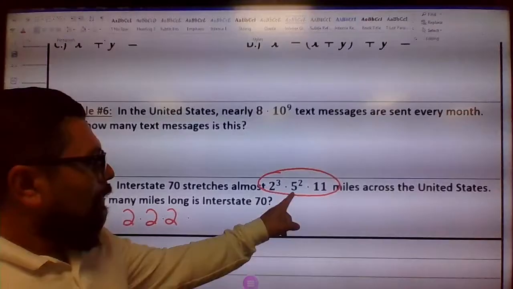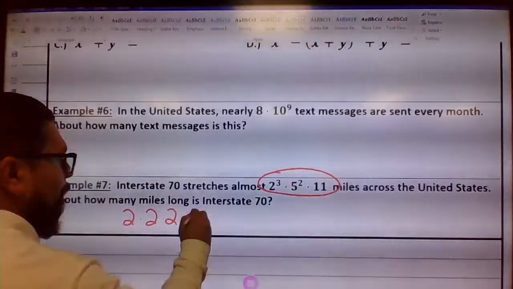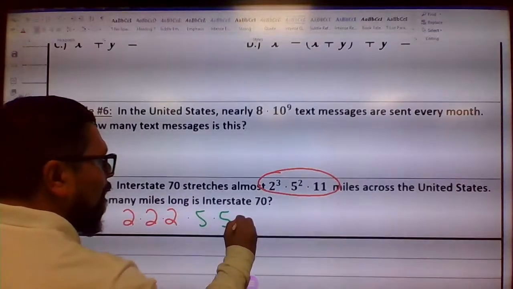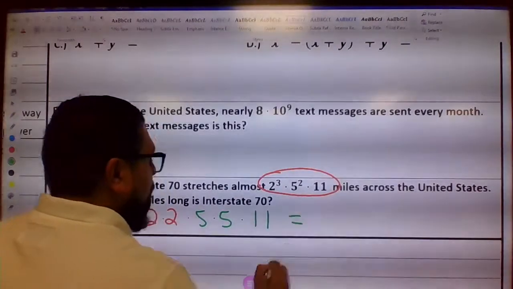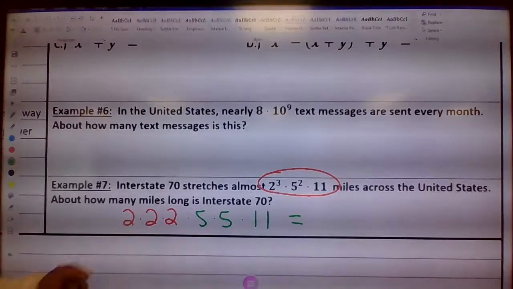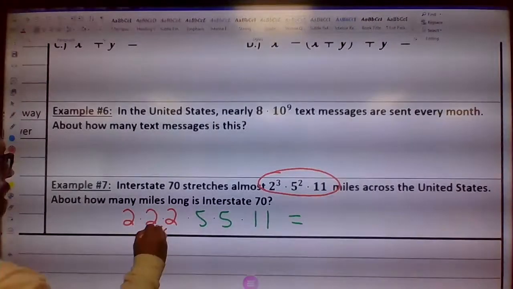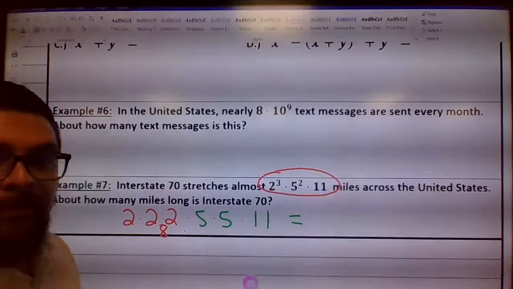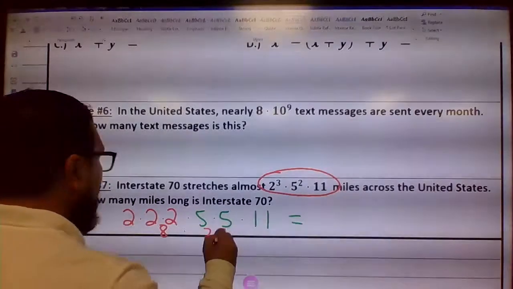How many 5's are written? 2 of them, 5, 5. And then 11. So 2 times 2 times 2 is 8. 5 times 5 is 25.